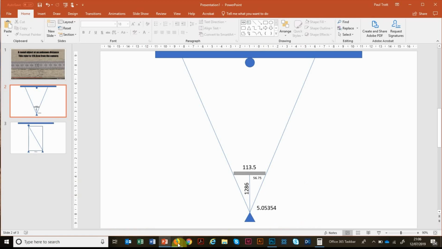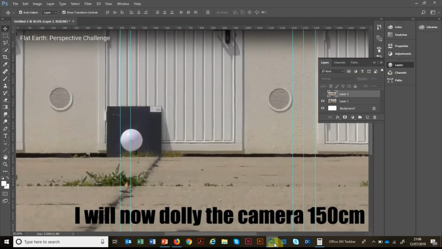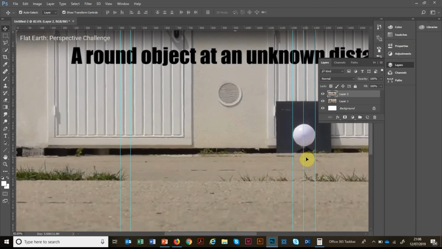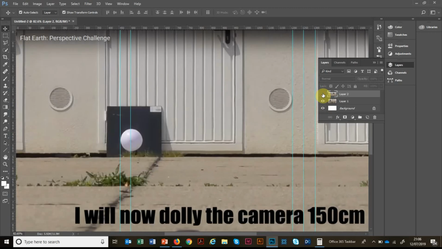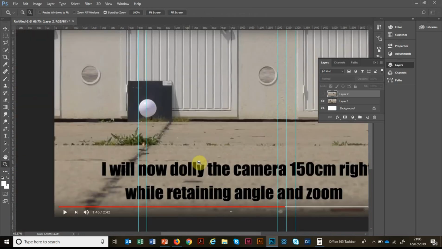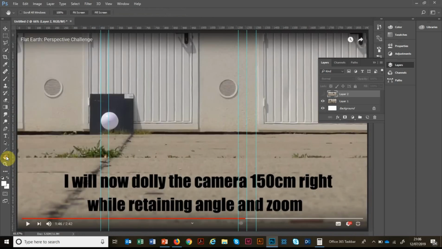So let's go to the images of the ball in both positions. I've put those into Photoshop already. Here we've got the screen grab of the ball in the first position, and on another layer a screen grab of the ball in the second position. There's the full image.